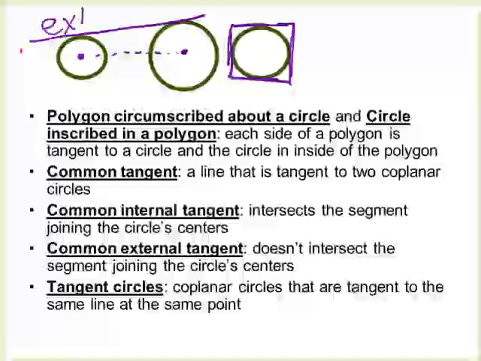So this would be an external tangent. Whereas an internal tangent would go between the circles, cutting that line that connects their centers.